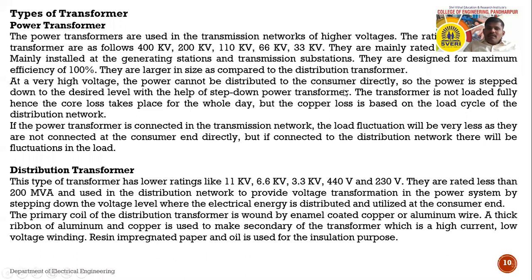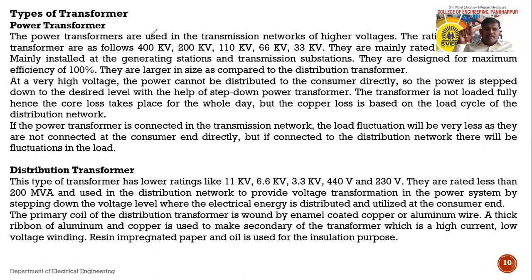Again, the next type of transformer is the power transformer. See, the power transformer is generally used at the generating station.